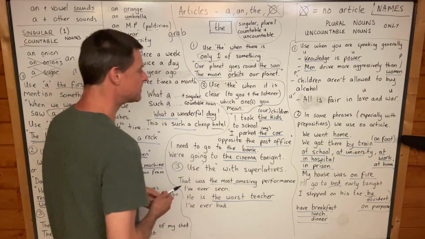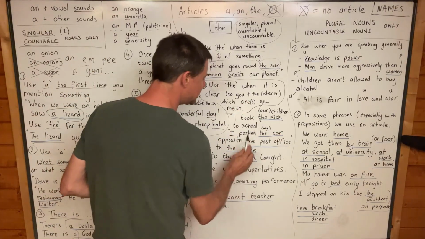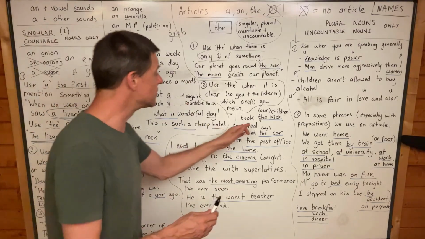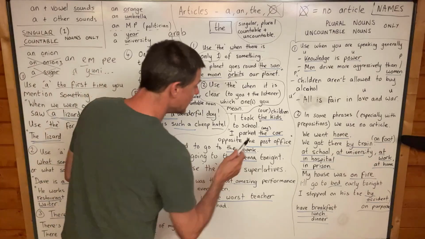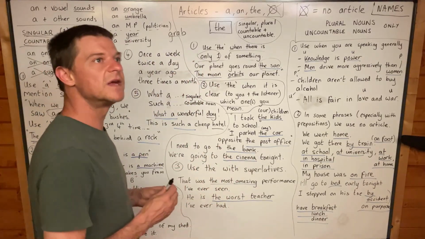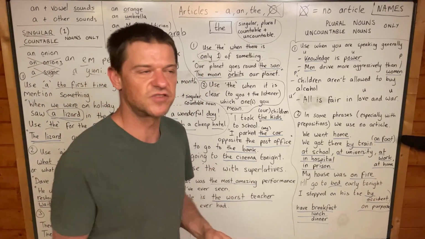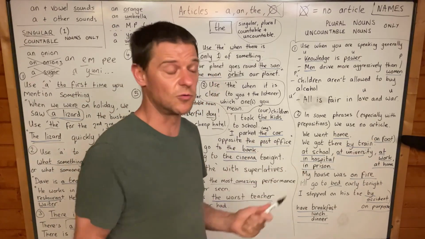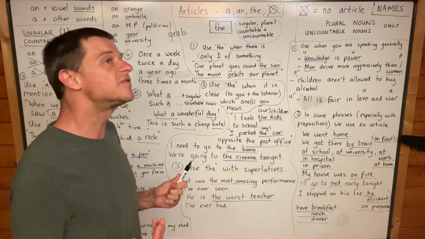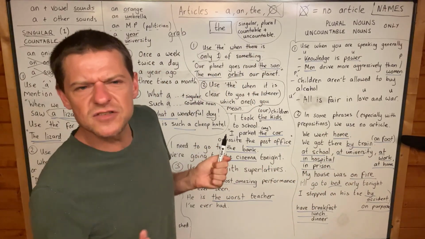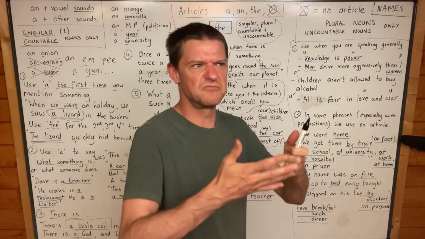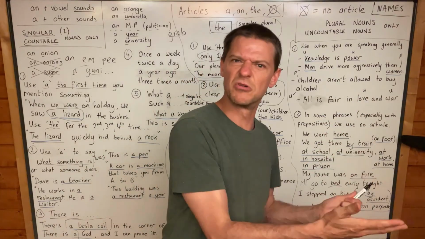Look at this example. I took the kids to school, or I took the children to school. Now, if we compare that with "I took children to school," "I took kids to school," you probably won't say that very often, because it's a very strange sentence. It means I took some random children to school.